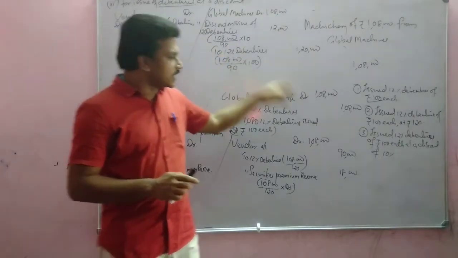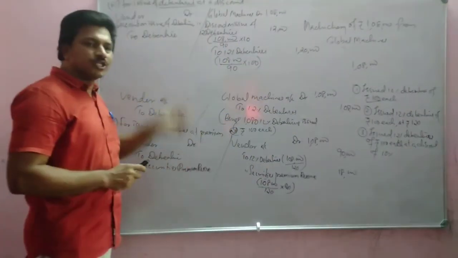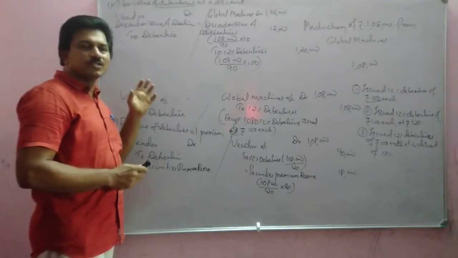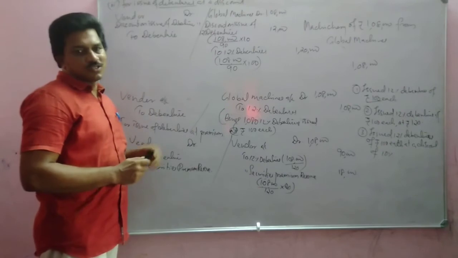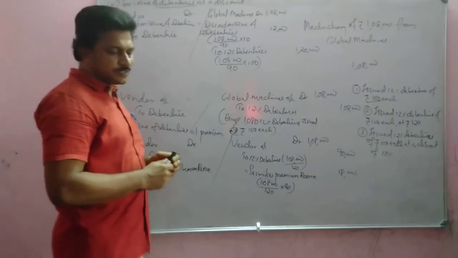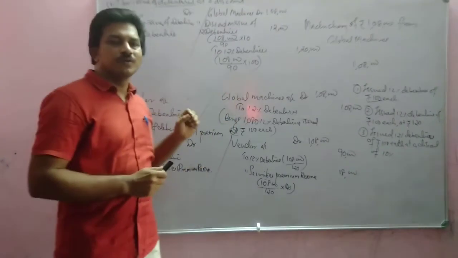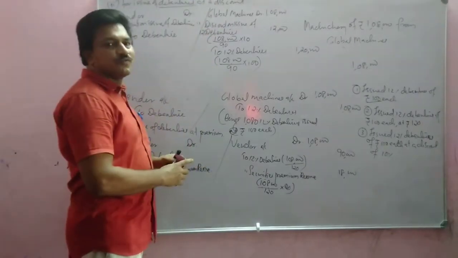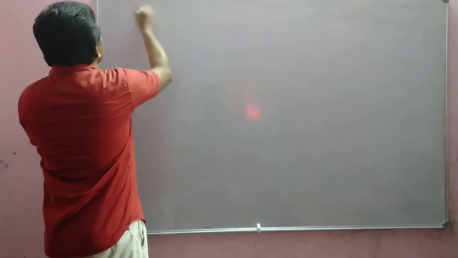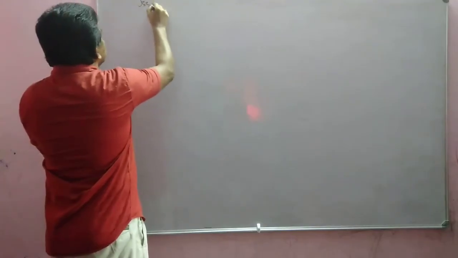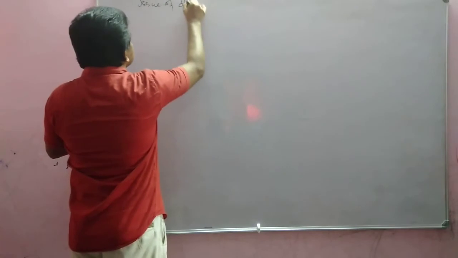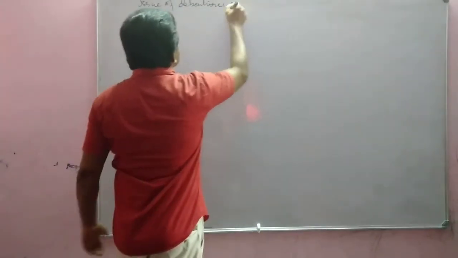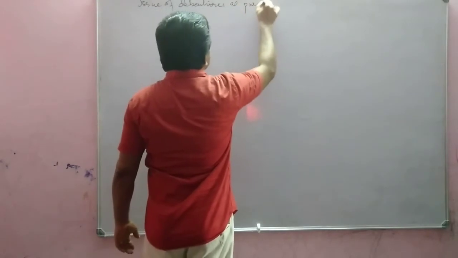So these are all the different cases of issue of debentures for consideration other than cash or for purchase of an asset. Now one more thing let us discuss: purchase of a business by the issue of debentures, issue of debentures as purchase consideration.